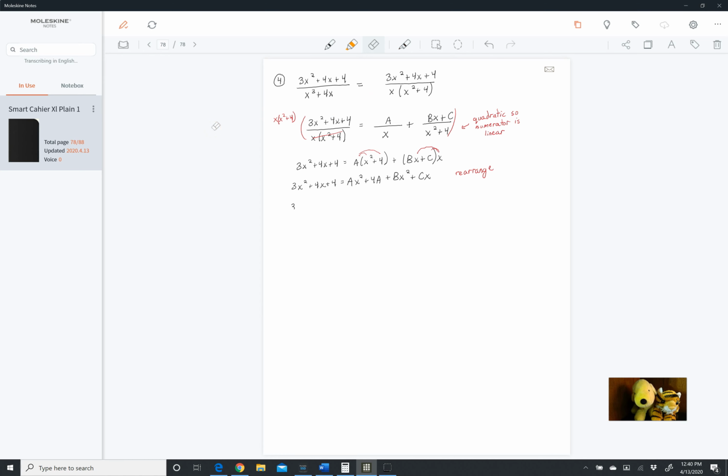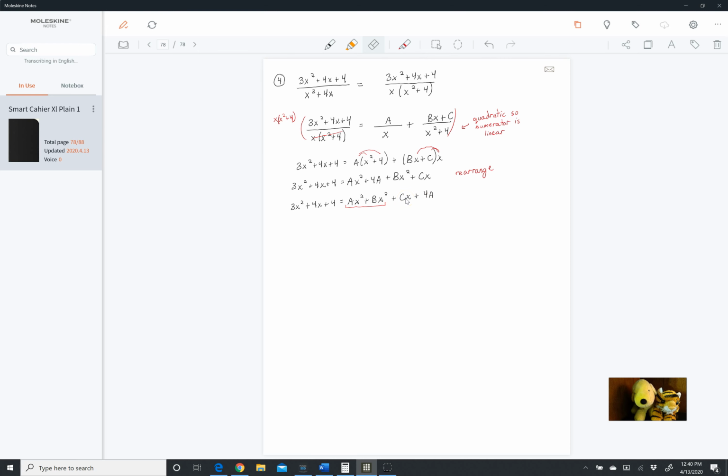So we have 3x squared plus 4x plus 4. We have an ax squared and a bx squared. Then we only have a cx and we only have a 4a. So the only thing that we have to do is we have to factor out the x squared from these first two terms, okay? Because we already have just a cx and just a 4a.